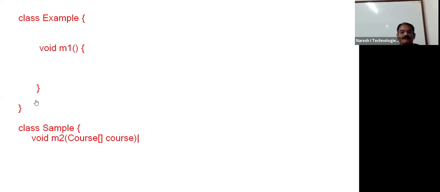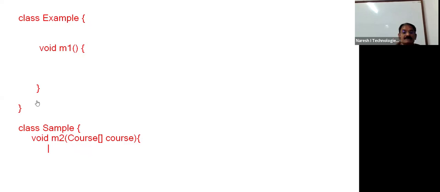But now tell me, if I take the method parameter as a Course array, inside this program I can retrieve values from the array and modify what is available in the array. I can do only three operations on an array. Number one, retrieve. Number two, store. Number three, replace.